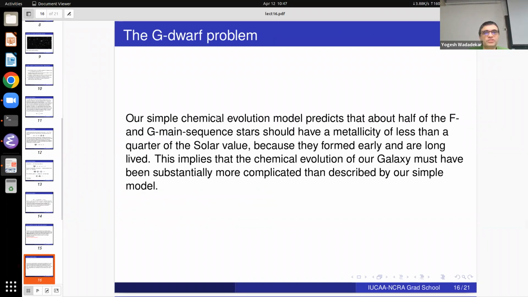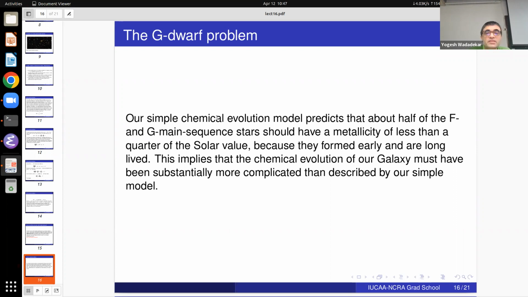Okay. So this is an example of where this kind of closed box model is useful. Our simple chemical evolution model predicts that about half of the F and G main sequence stars should have a metallicity less than a quarter of the solar value because they formed early and are long-lived, correct? But that's not true.